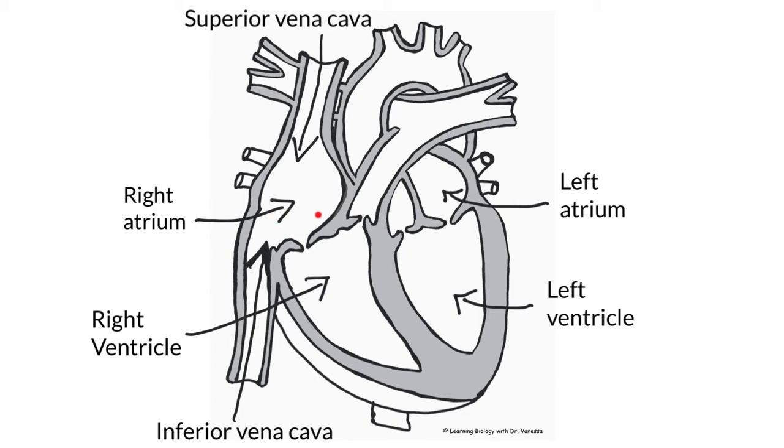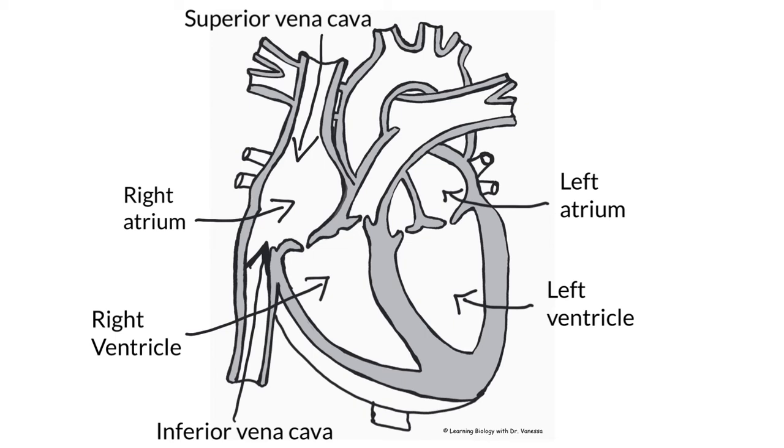So blood actually fills into both the atria at the same time. And then when the heart contracts, blood goes into the ventricles at the same time. Now, in order to get into the right ventricle, it has to pass this little area here, which is kind of like a doorway. This is called a valve.